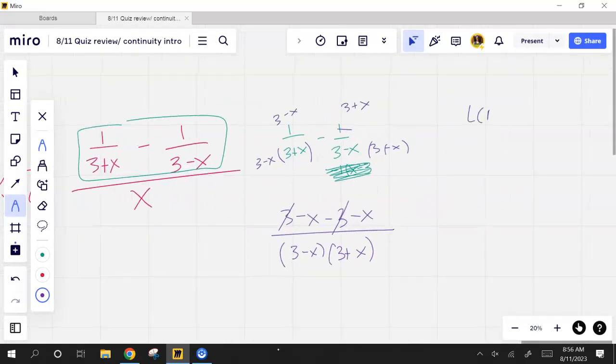All right, so my LCD is 3 minus x, 3 plus x. I multiply that to the top and the bottom, whatever's missing. What is this one missing? Because you're subtracting this whole top. Yeah, but it's a minus. It already had a minus. I gave it a plus.